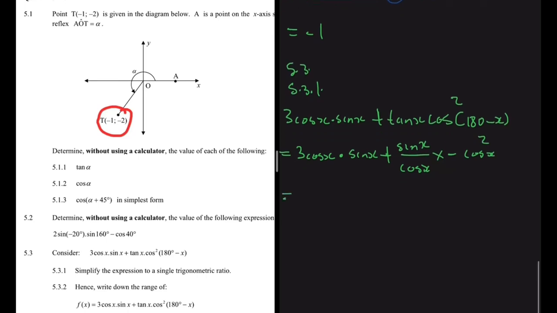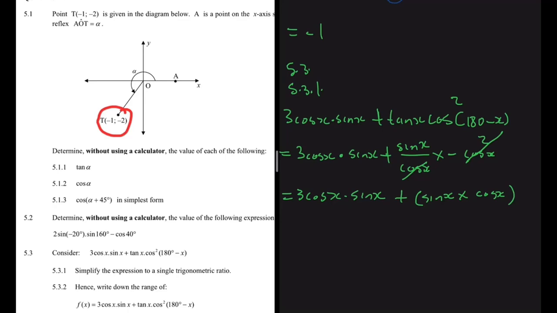So now we're going to have 3 cos of x multiplied by sine of x plus, right? And then now we can cancel cos of x with 1 cos of x here, right? So we're gonna be left with sine of x multiplied by cos of x, and then we're not dividing by anything because on the denominator we had cos of x and they cancel out, right?